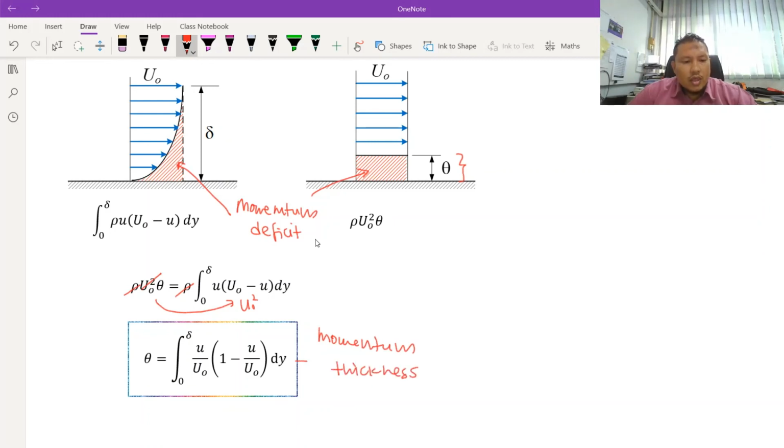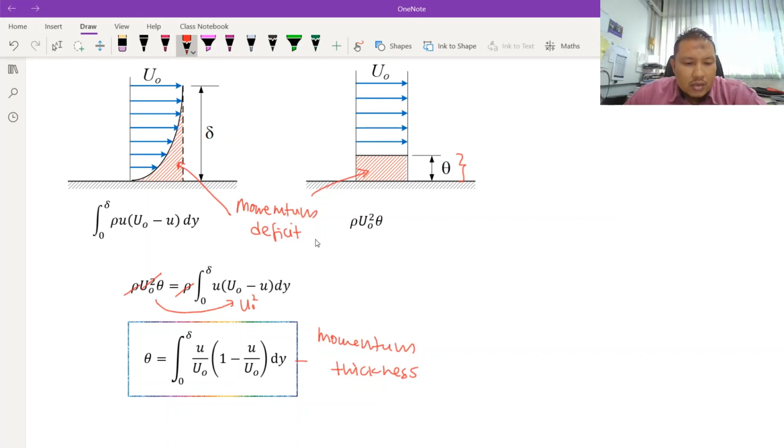All right, with that we have seen two boundary layer definitions besides the boundary layer thickness definition: the momentum thickness and the boundary layer displacement thickness.